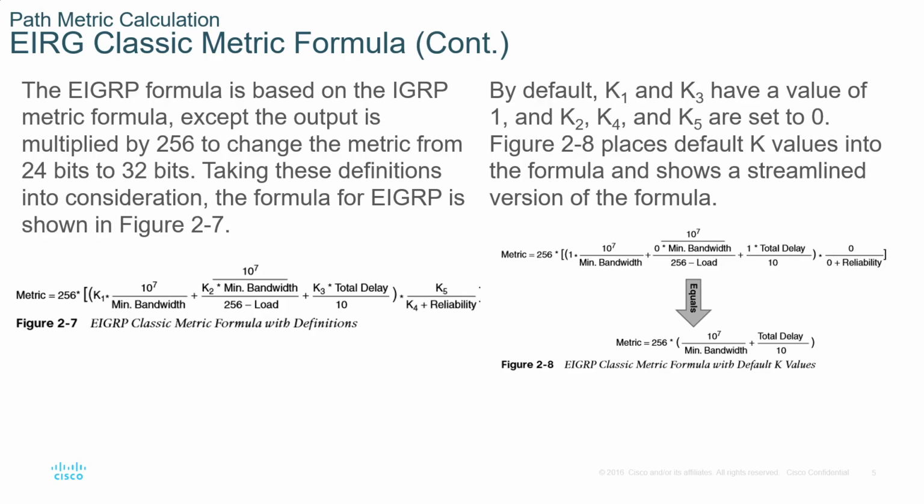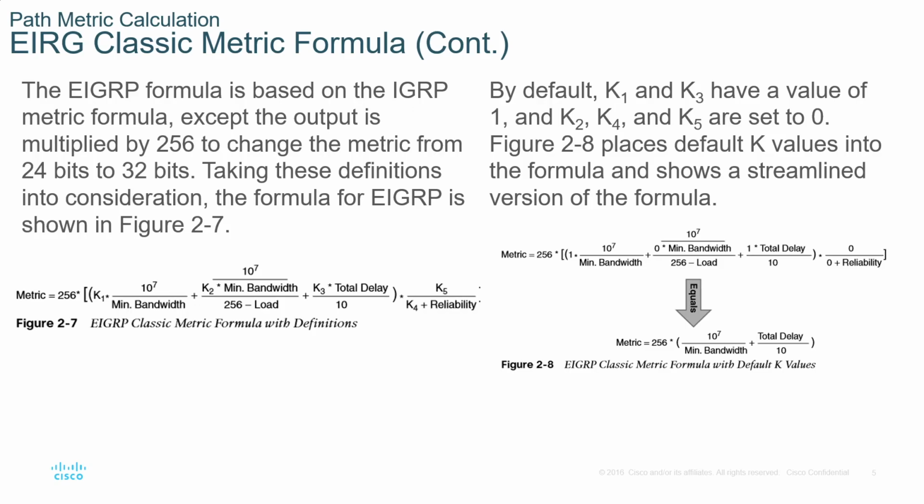Cisco decided when they brought out the enhanced version, they would times that by 256, just so that it had 32 bits variation and gave some backward compatibility between IGRP and EIGRP.